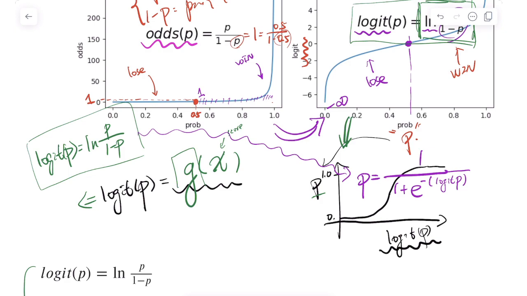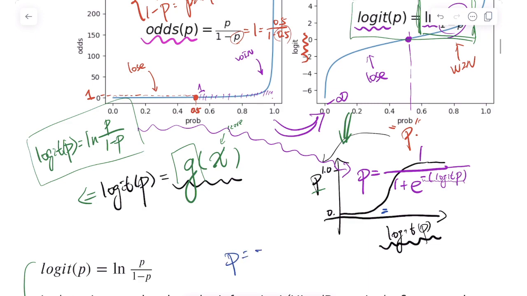The function is a value equal to 1 over 1 plus e, and the power value right here is minus the logit value. If we write it in this way, the value right here is logit P, but we define a g function right here, so this should be something like this. Although we don't know what exactly the g function is, we know the form of this kind of model should look like this.